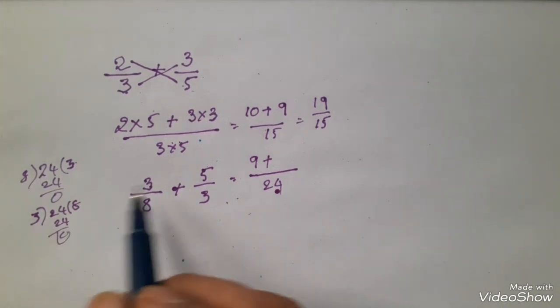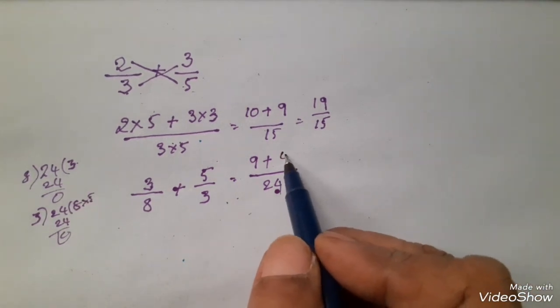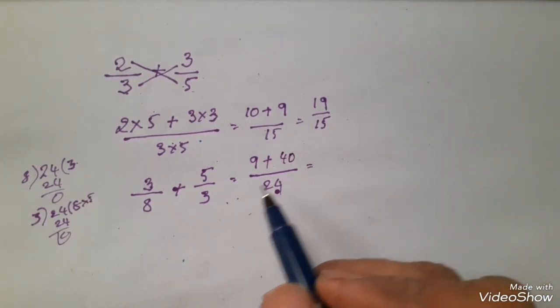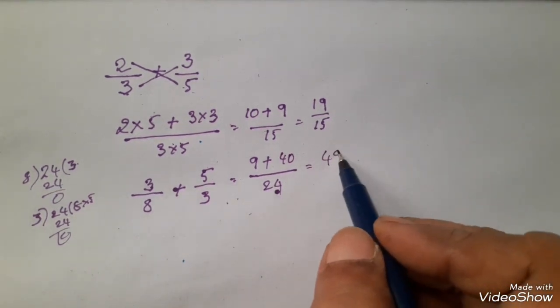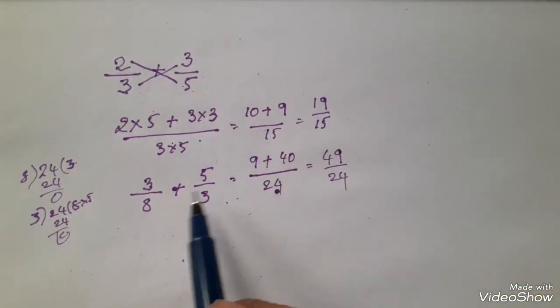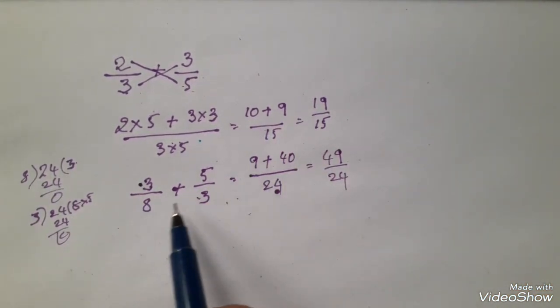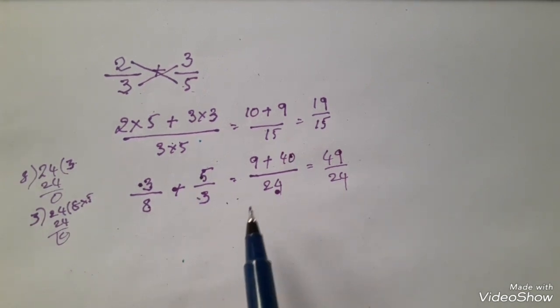Now with this coefficient you multiply 5. 8 into 5, 40. So we get 9 plus 40, 49 by 24. The same thing you did here also. 3 into 3, 9. 8 into 5, 40 by 8 into 3, 24.